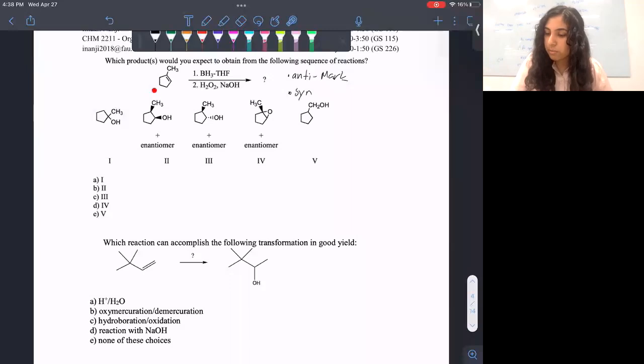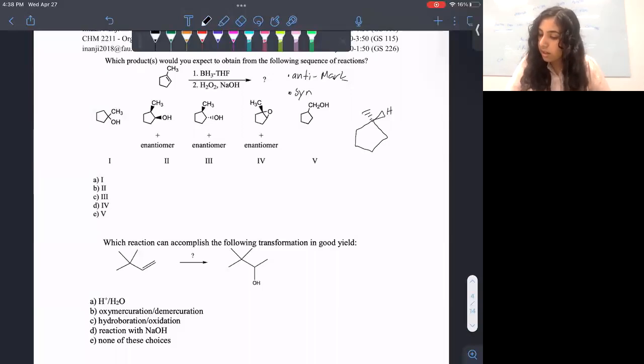So for this specific problem, I know that the final product is going to be this. This top carbon is the more substituted one, so I'm going to put the hydrogen here. So if the hydrogen is wedged, then the methyl has to be dashed, and vice versa, you get a mix of both.